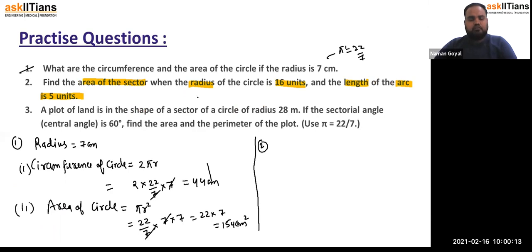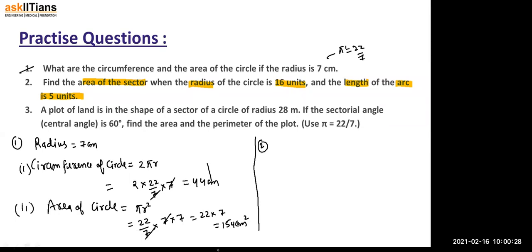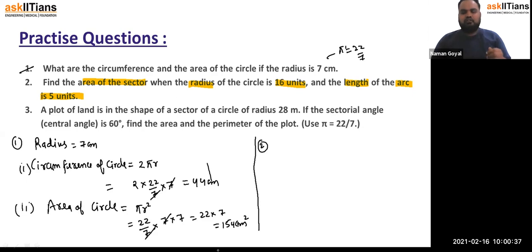The question is asking for the area of the sector. What do we have? We have the radius and the length of the arc. For finding the area of a sector, we need only two things: one is the radius and the other is the central angle, the angle that the sector makes at the center.